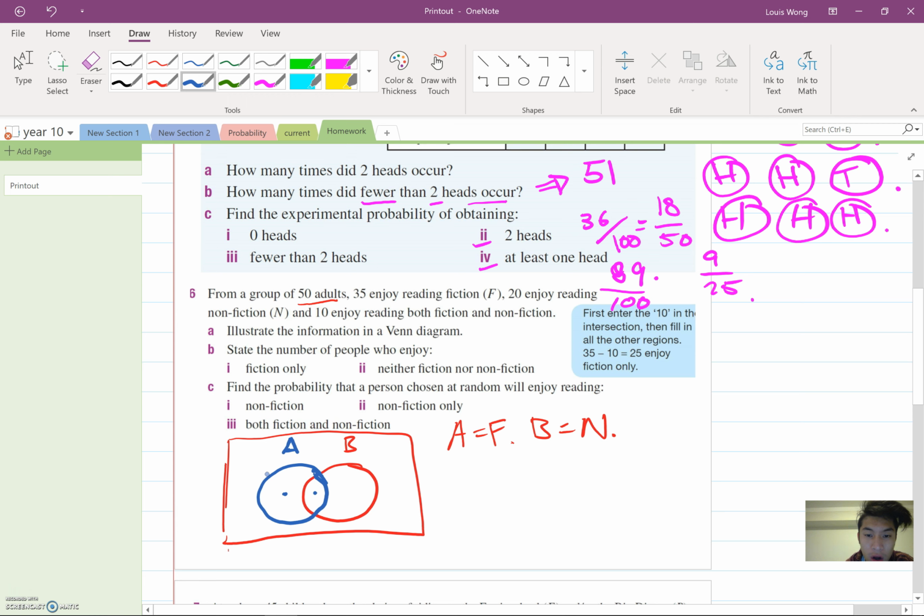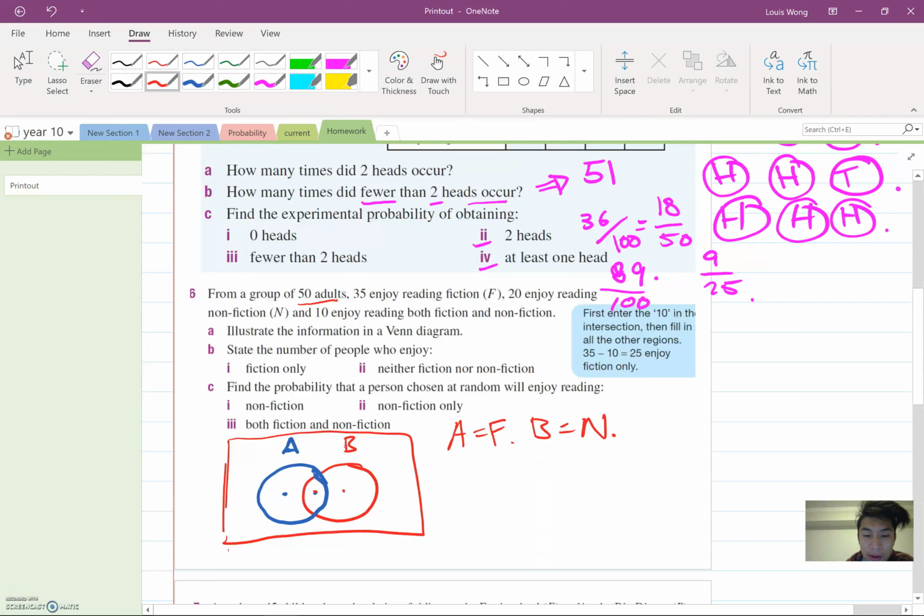So I actually cannot put 35 down, because 35 is the sum of these two numbers. And for the same reason, I can't put 20 down either, because 20 is going to fit in the other two circles. And I don't know how many go in the middle and how many go in this one.